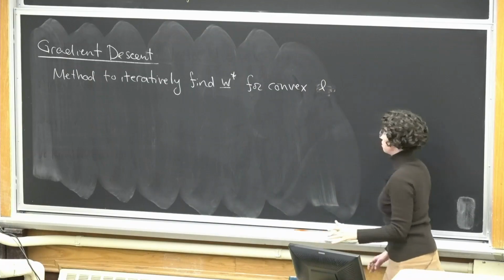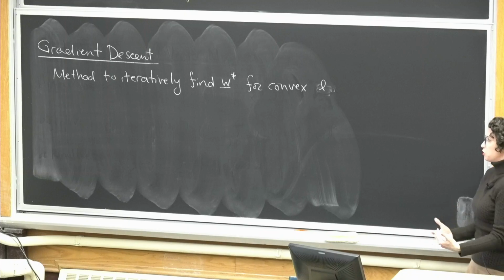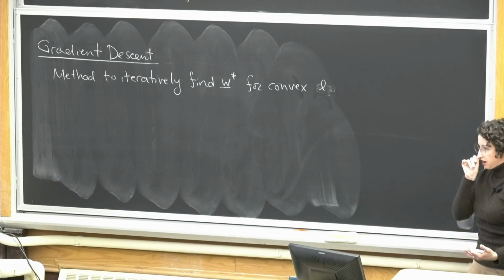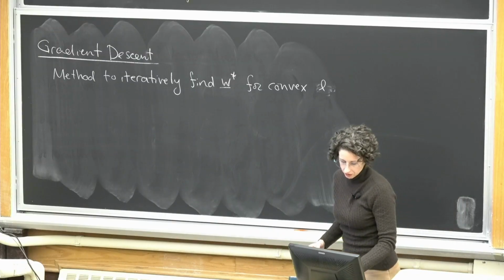Okay, so we're going to consider settings where L is convex. People will use gradient descent even when L is not convex, and we'll talk about that a little bit more at the end of the lecture.